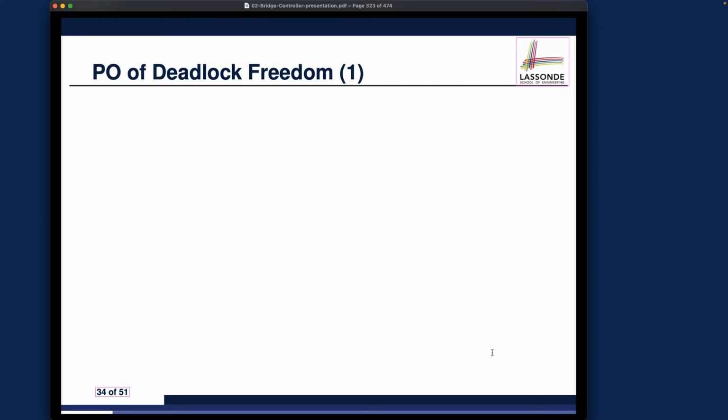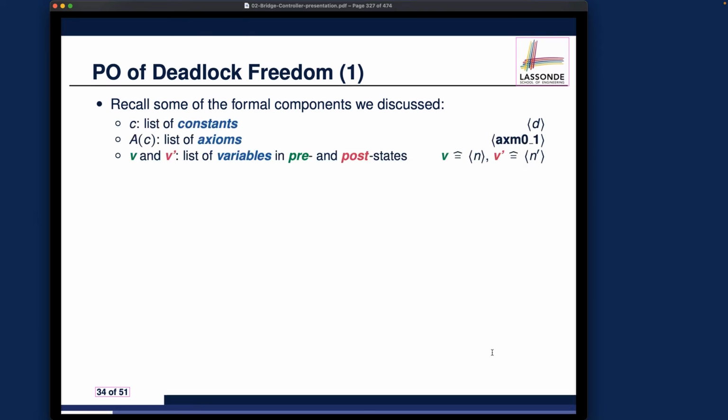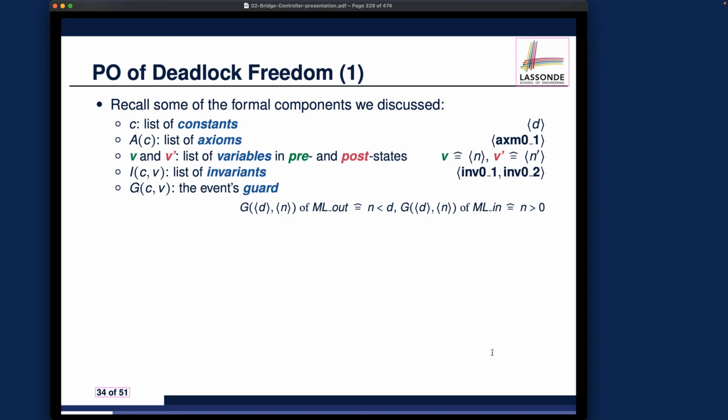Let's recall some of the formal components that we discussed earlier when we formulated the proof obligation for invariant preservation. We can certainly reuse them because they extract the useful components from our model. So we've got constants, axioms, variables in both the pre and post states, the invariants, and also the guards for the events.